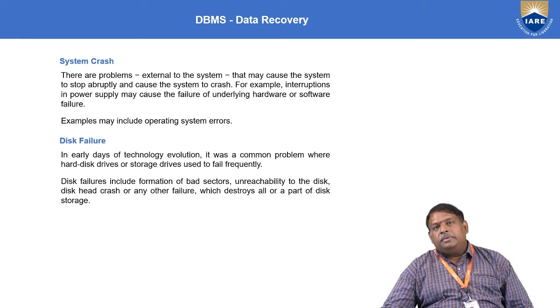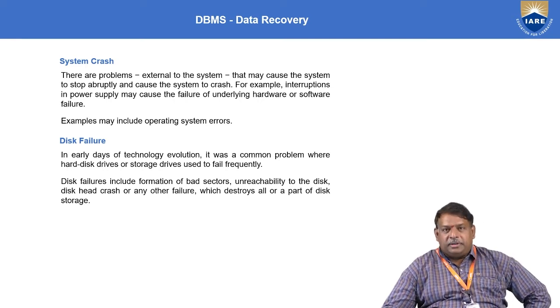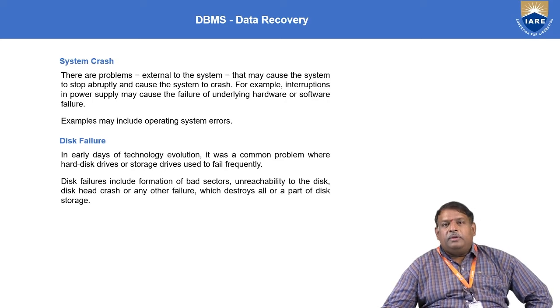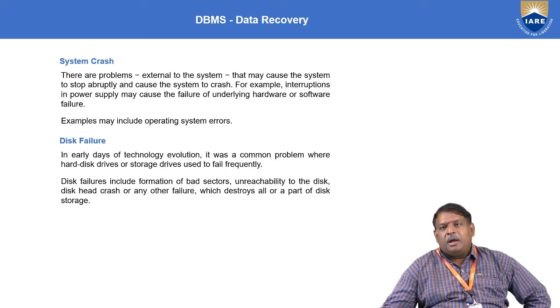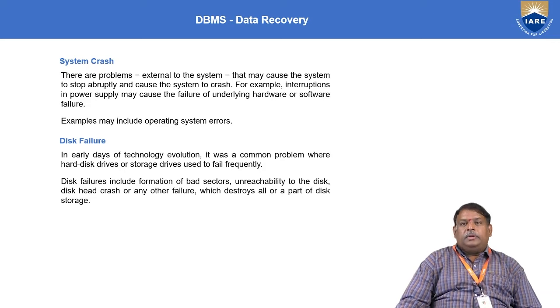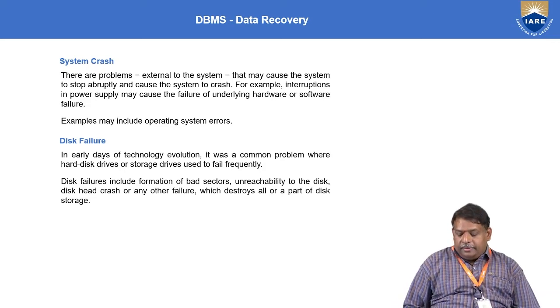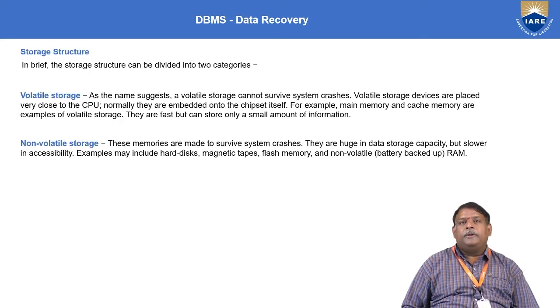So, system crashes or disk failure. When your backup disk has bad sectors, or is unreachable, or has a disk head crash, there is a failure in your data. The transaction has to abort.